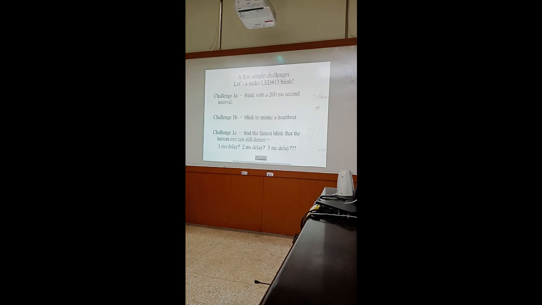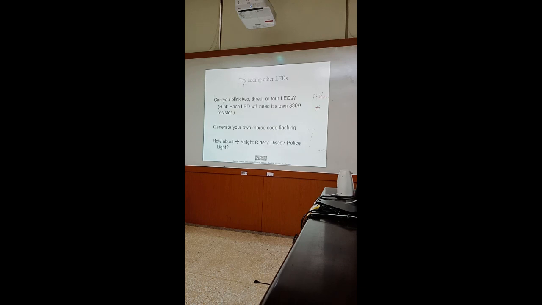Here it says blink with 200 milliseconds, and then blink at so many beats per minute. Blink at beats per minute means the blink frequency is like your heart rate, and find the first rate that the human eye can detect. Maybe you control the delay, but how do you code it?